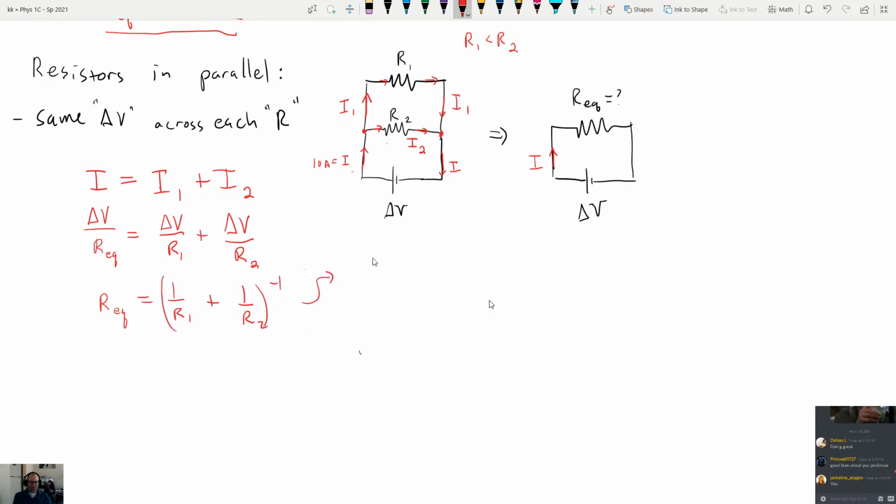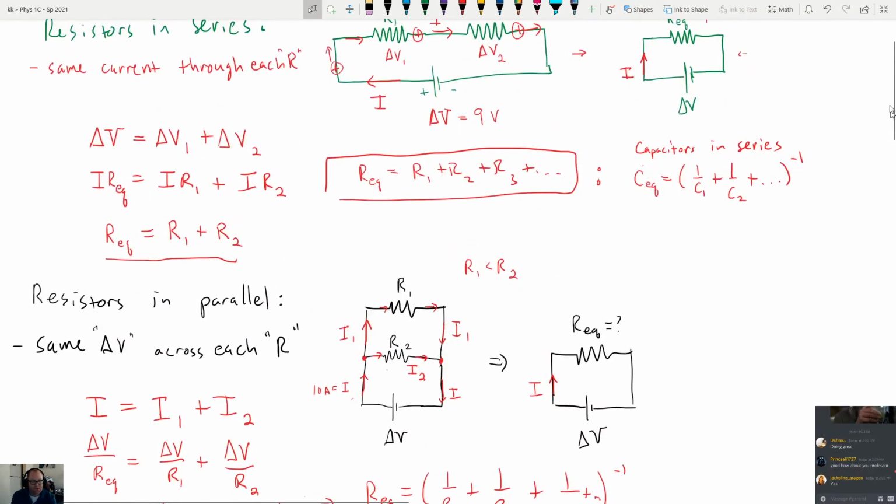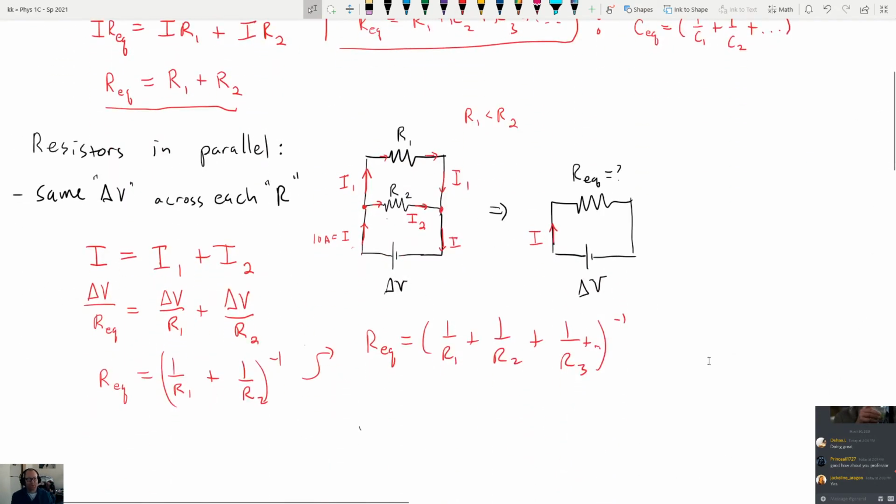And of course, if you have more resistors in parallel, you just keep adding the inverses, just like capacitors in series. And there we go. That's resistors in parallel and resistors in series. Really quite simple. Does anyone have any questions?